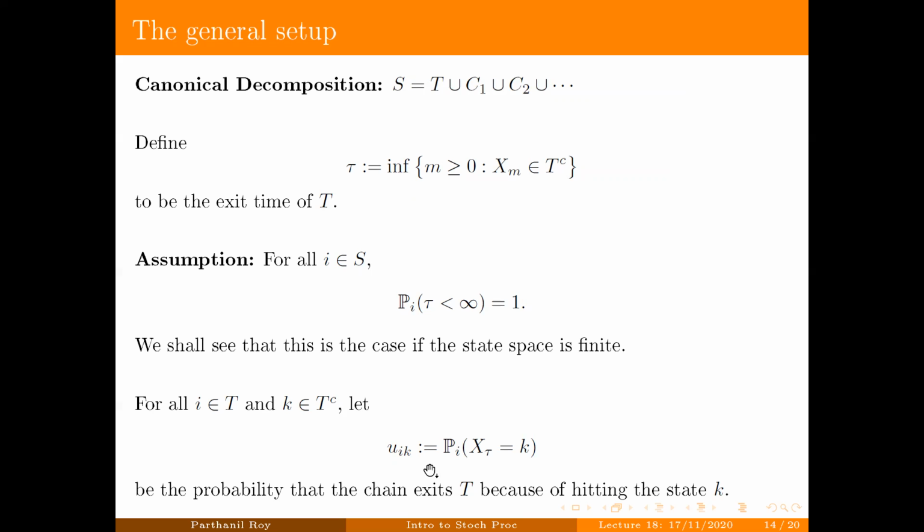So this is the probability that starting from i, X tau is equal to k. This is the probability that the chain exits T because of hitting the state k. So this means the first time it exits T, it hits the state k. That's what this means.